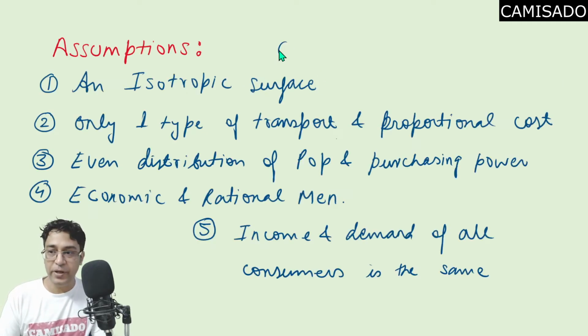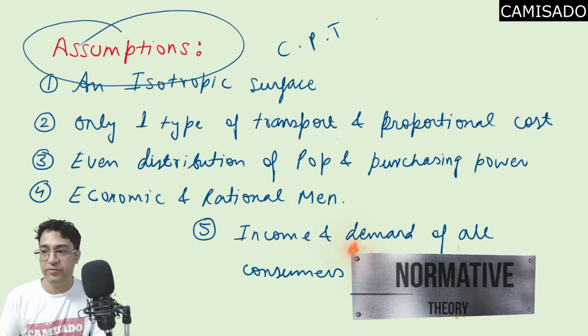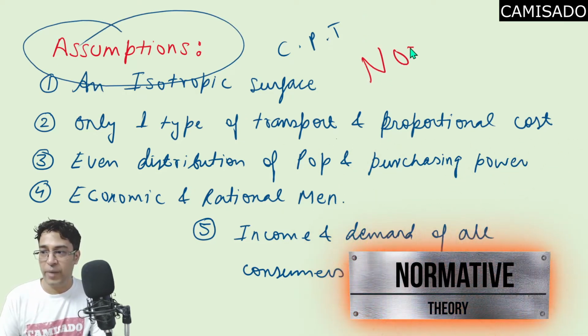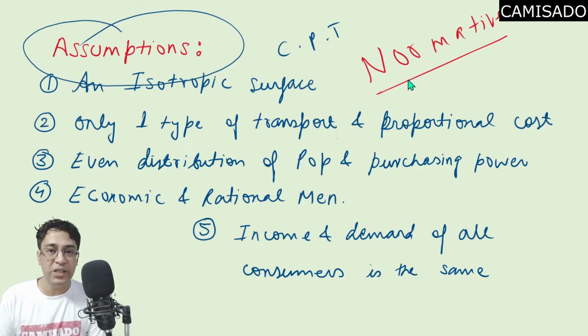Since the CPT is based on certain assumptions, we can call it a normative theory. Normative. Now I have used this word because these are the kind of words that help you in getting better marks.